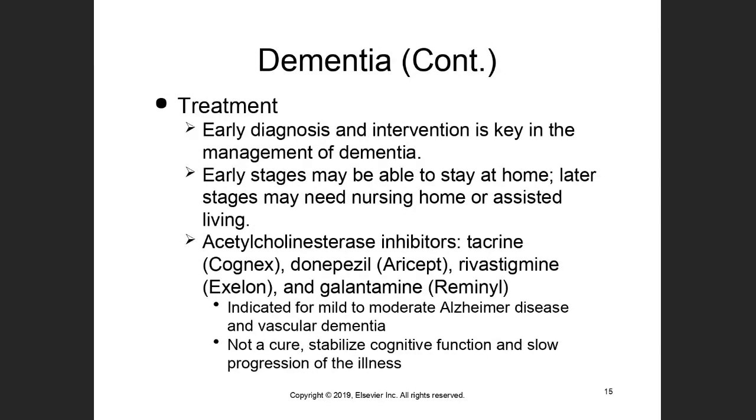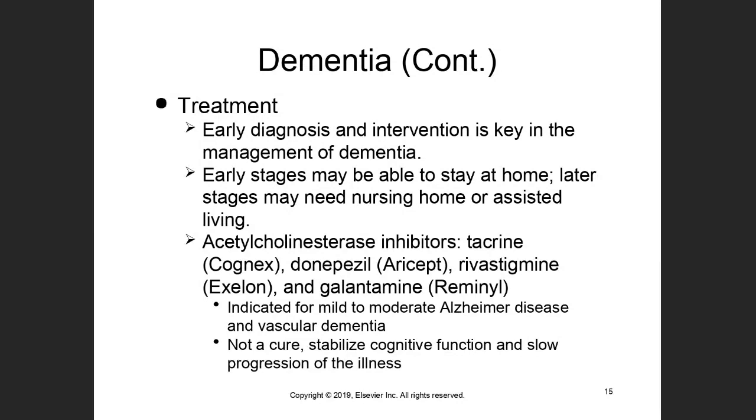Treatment: early diagnosis and intervention are key in the management of dementia. Early on, patients may be able to stay at home; later stages may need a nursing home or assisted living.